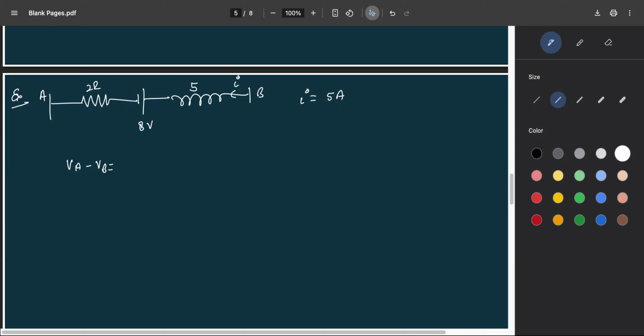So the value of di by dt. I think I've given all the values, right? Di by dt, oh sorry, I didn't give di by dt. What you can assume is di by dt. Okay, let's say di by dt is 0.4.